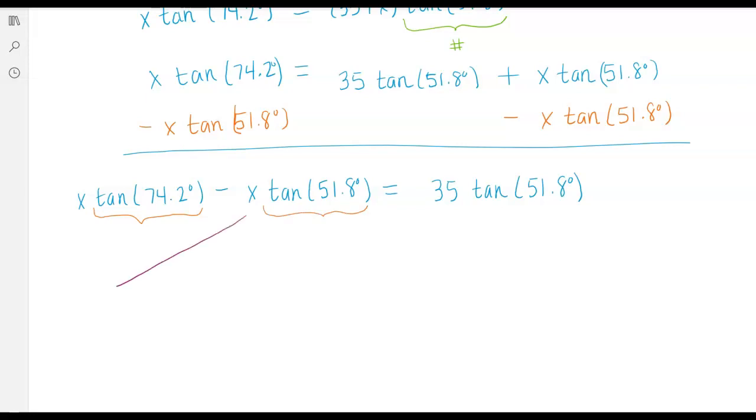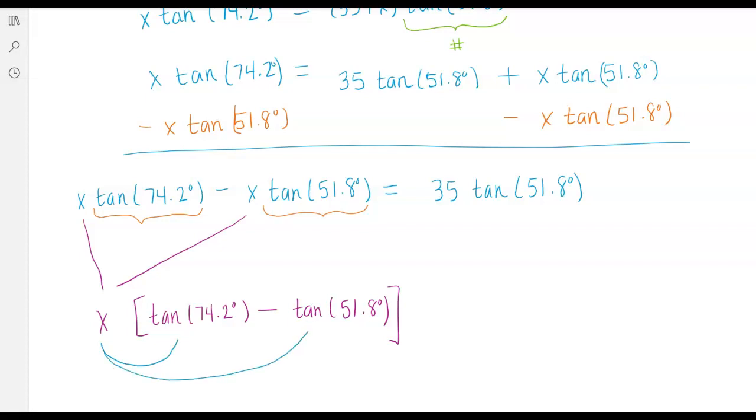So that x can be factored out of both of them into the front. If I were to multiply this back out, this would give me x times tangent, that's the first term, and then x by the other tangent, that's the second term. What I did is I went in reverse and moved that x out to the front.